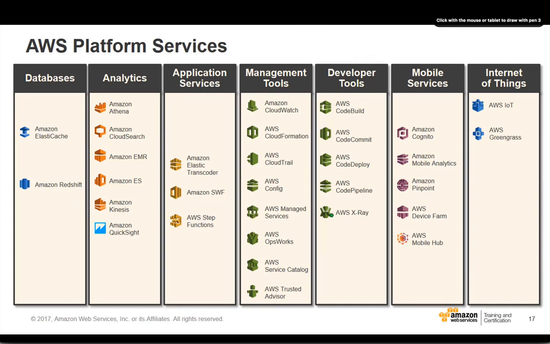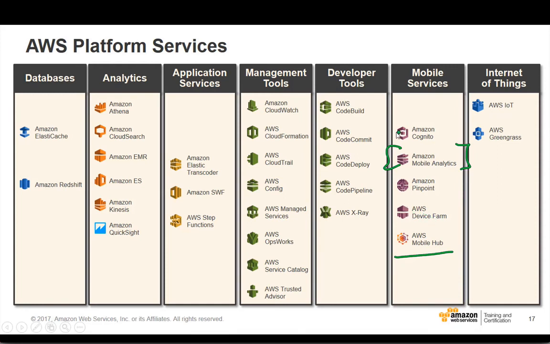As far as mobile services go, when you start building mobile applications, we'd recommend using Mobile Hub. This is going to give you a load of working code to get up and running real fast. It coordinates many aspects that are involved with mobile development, such as analytics, finding out who's doing what inside your application, Pinpoint in terms of sending emails out and actually getting your messages to your users, and even testing your application on real devices.